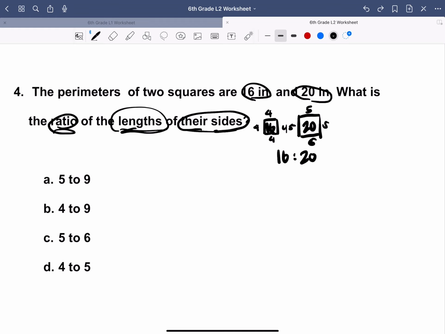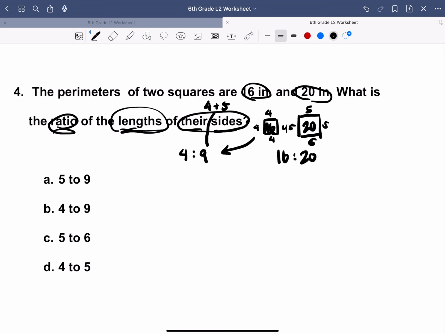So for lengths, we'll have 4 here and 5 here.